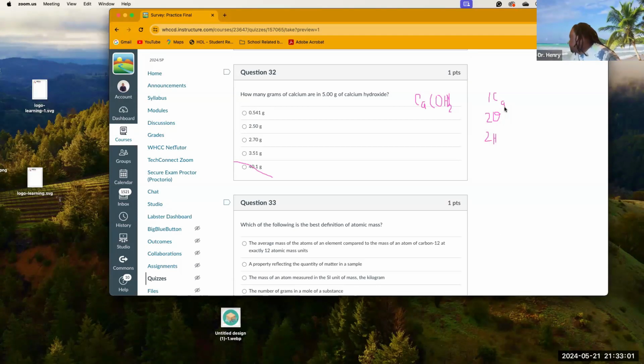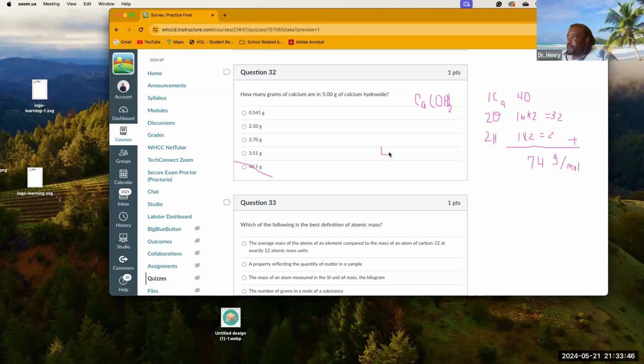Calcium is approximately 40. Oxygen is 16 times 2, which is 32. And then hydrogen is 1 times 2. So add that all together, we get 74 grams per mole.